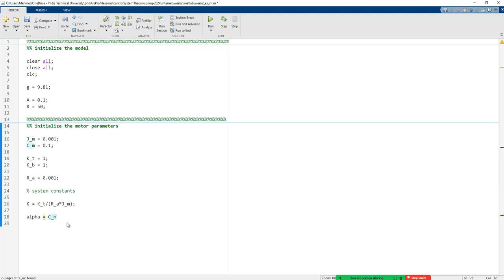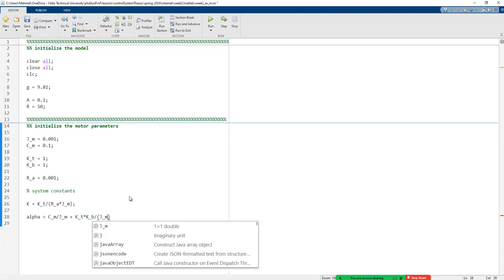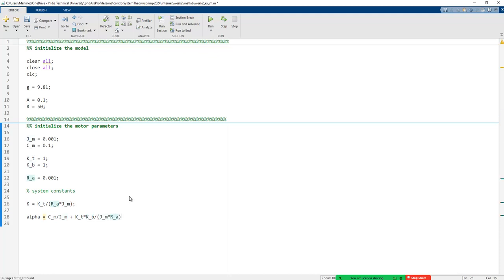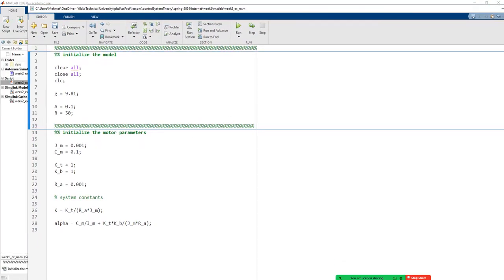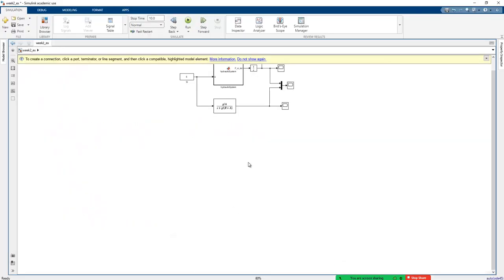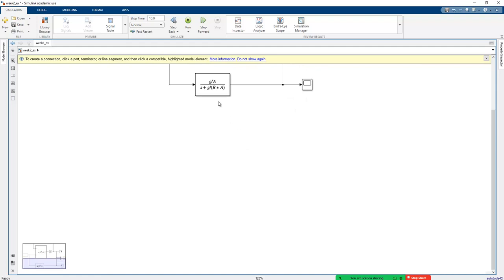Cm divided by Jm plus Kt times Kb divided by Jm times Ra. This is the initial condition for our parameters.